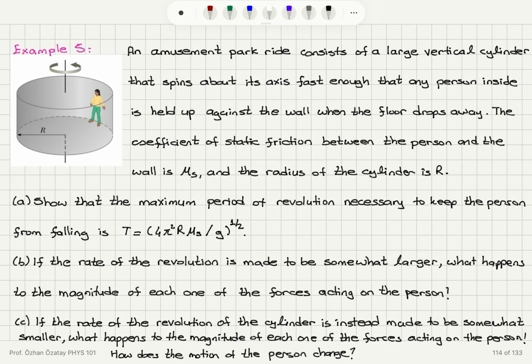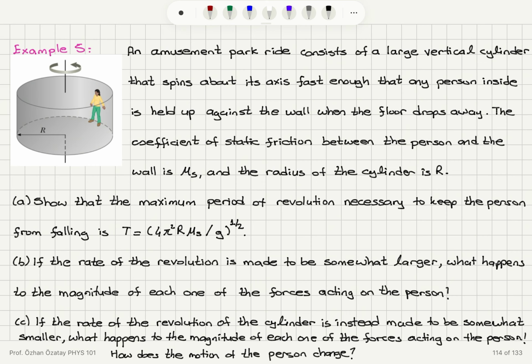Show that the maximum period of revolution to keep the person from falling is given by this expression, T is equal to the square root of 4 pi squared R mu s divided by g.